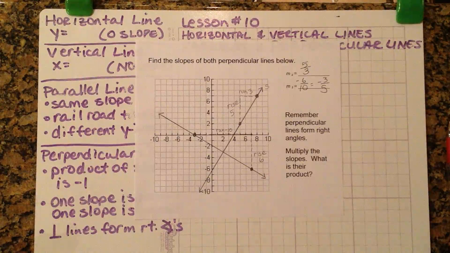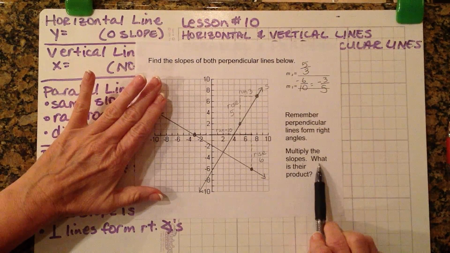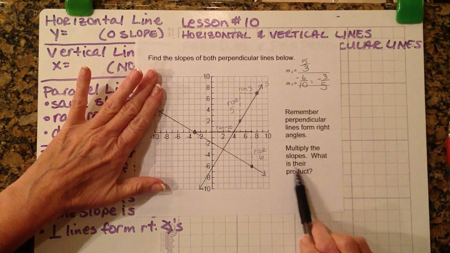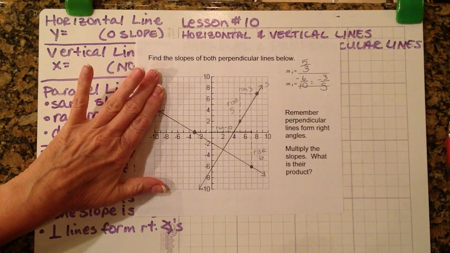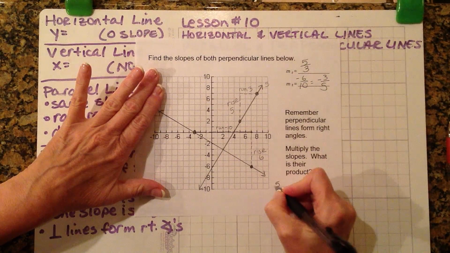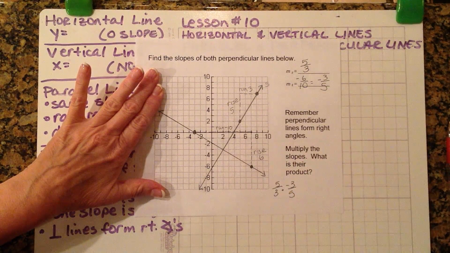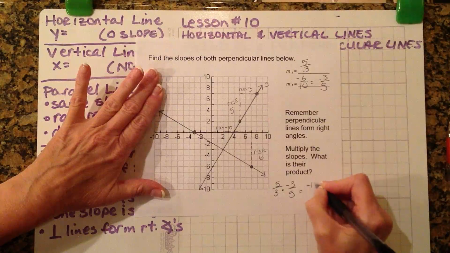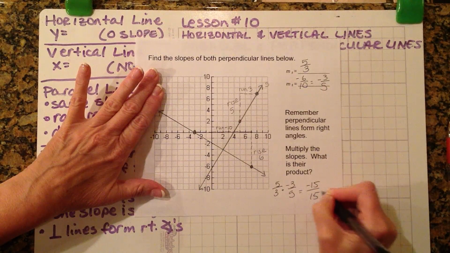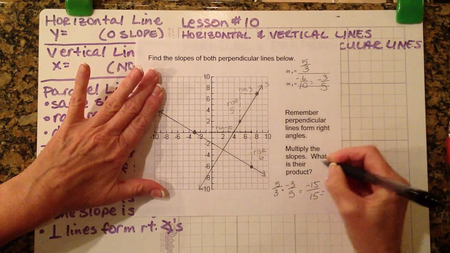These two lines are perpendicular. When I multiply their slopes together, what is going to be their product? Let's look at that. If I take 5/3 times negative 3/5, what I get is negative 15 over 15, and I get negative 1.